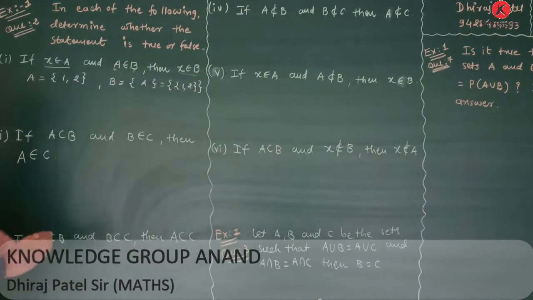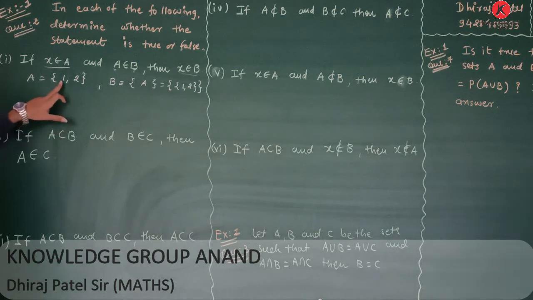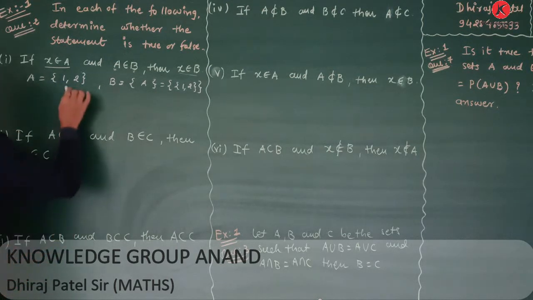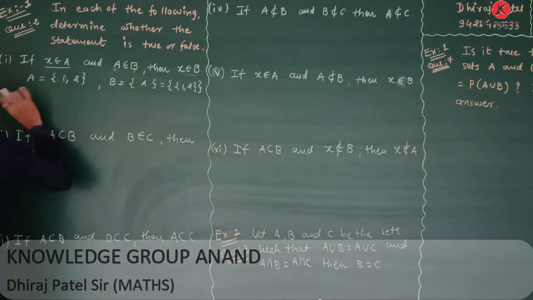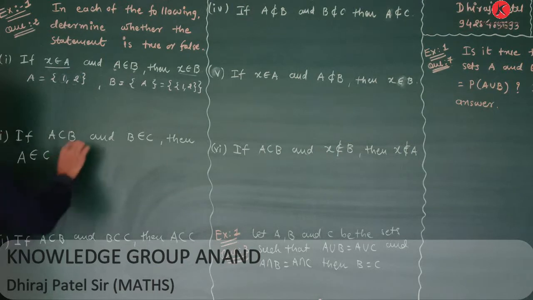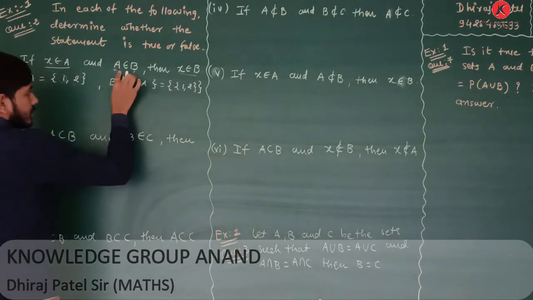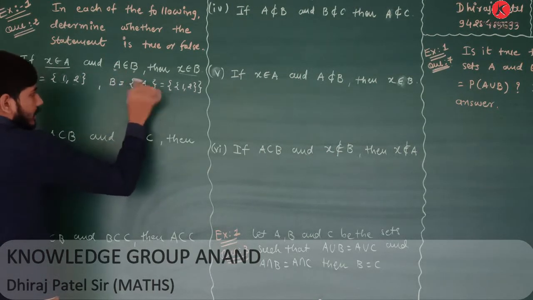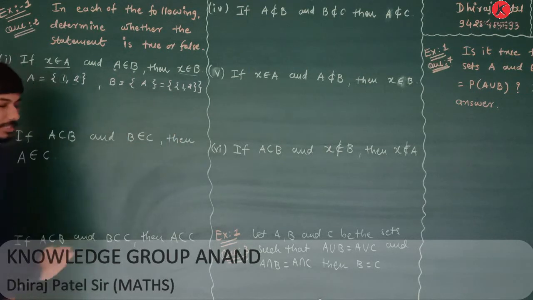See here, x belongs to A. That means I am taking x as 1 or 2. So 1 belongs to A, and 2 belongs to A. B equals {A}.